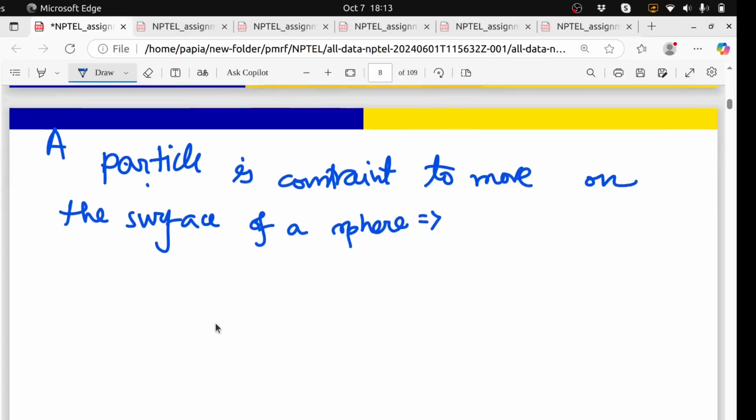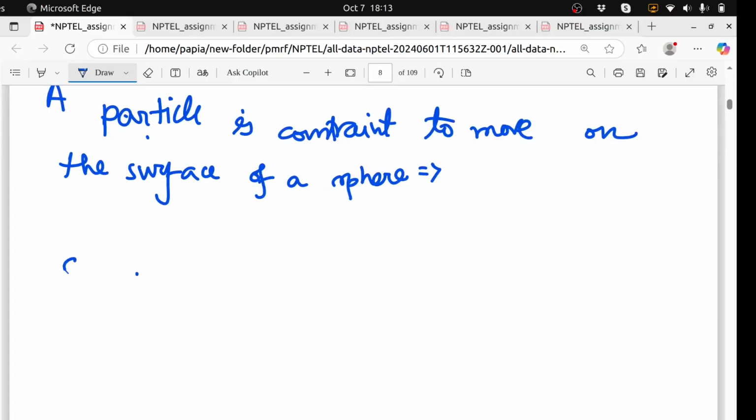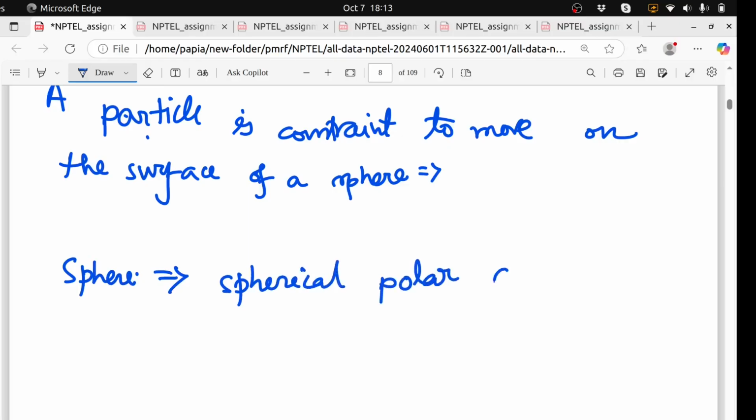For this case, first of all, sphere means we need to go for the spherical coordinates, which are r, theta, phi.